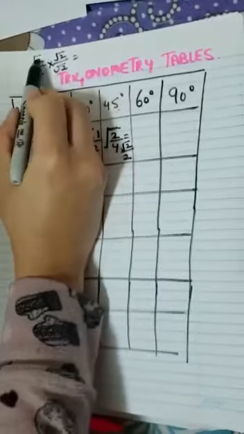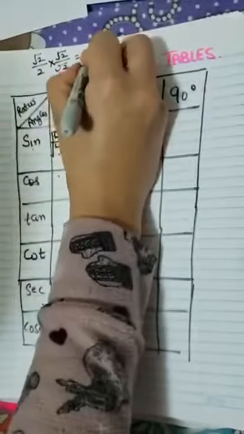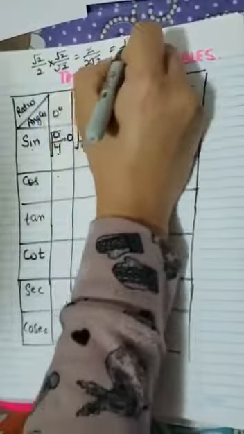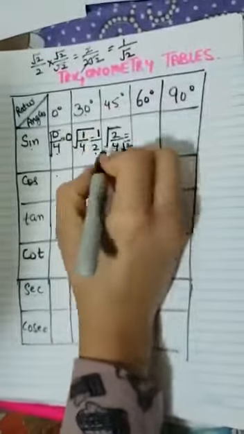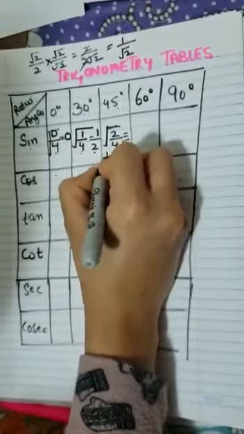We know that under root 2 times under root 2 is 2, so we get 1 by under root 2. So the value of sine 45 degree is 1 over under root 2.